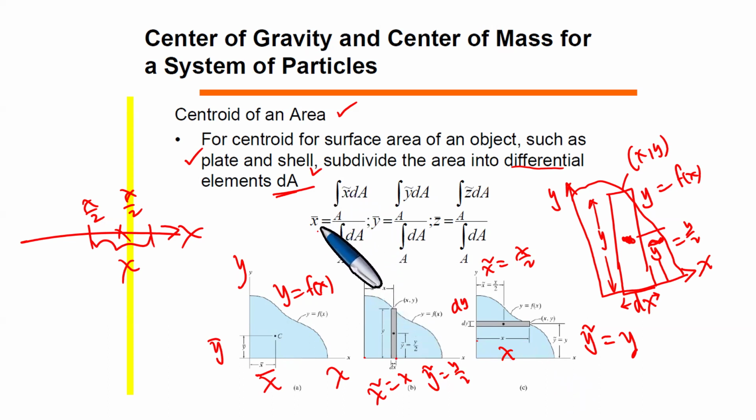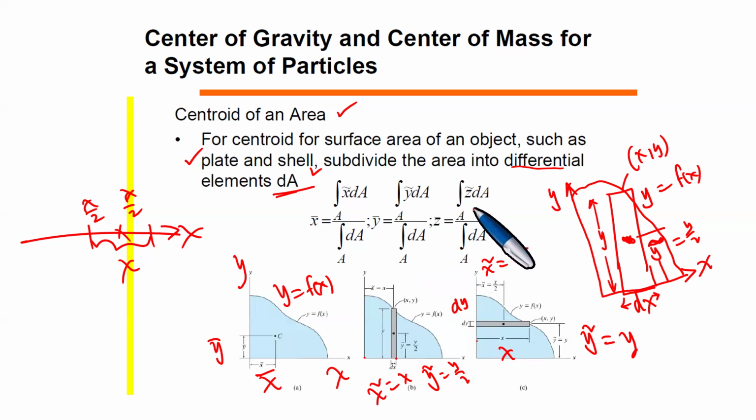For the x component, you have the integral of x tilde dA divided by the integral of dA over the area A. And then for the y component of the centroid of an area, we have the formula for the integral of y tilde dA divided by the integral of dA over the area A.